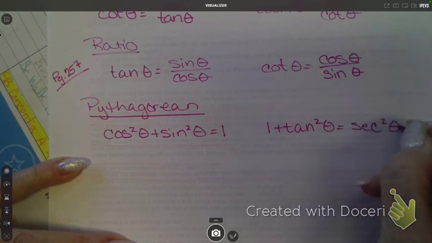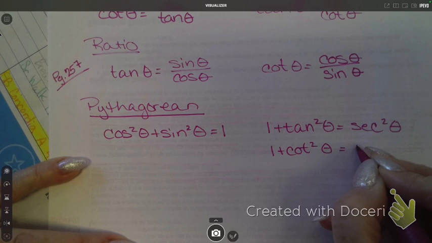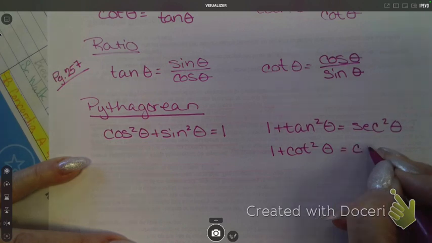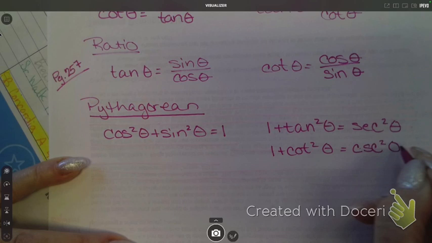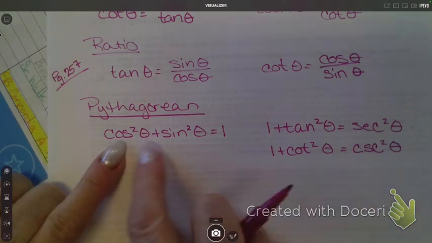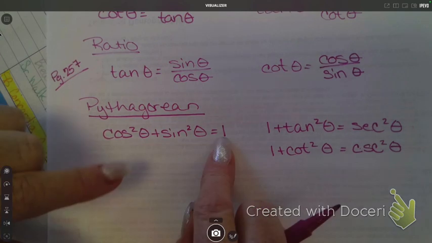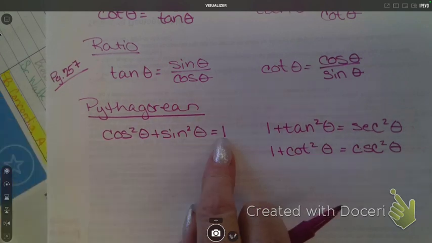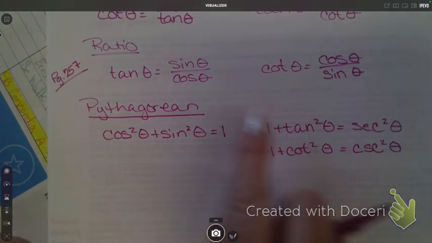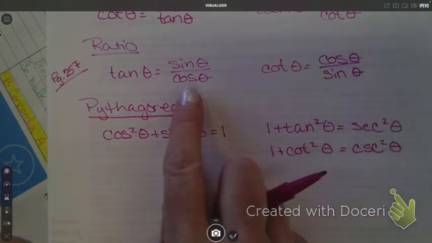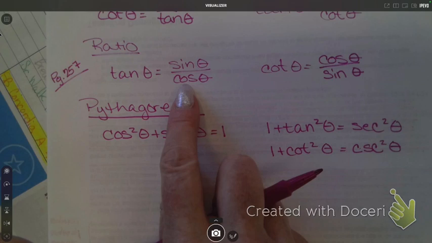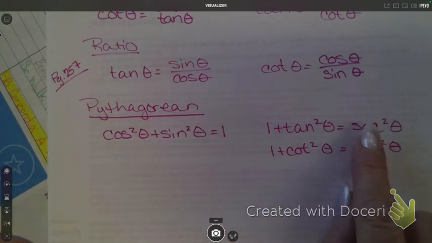Now, the way you remember: we took x squared plus y squared equals r squared, and we divided by x squared, and we divided by y squared. So in the denominator of tangent is cosine. What is in the denominator of secant? Cosine. So that's how you can remember which one goes with which one.